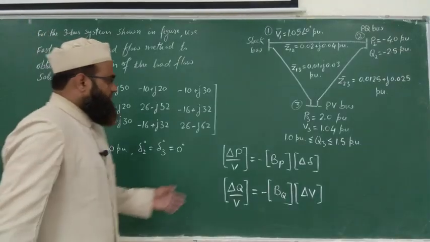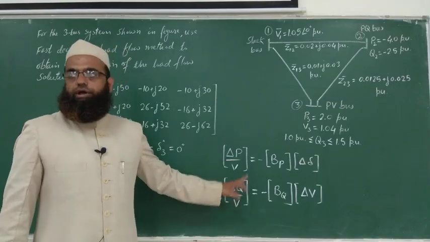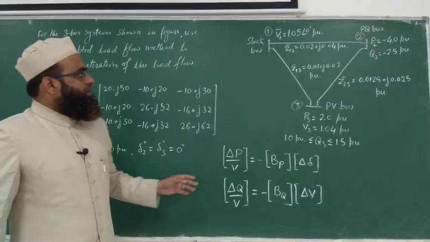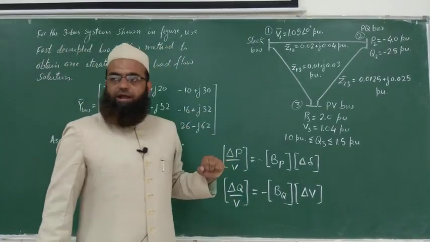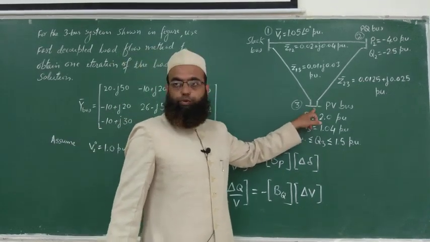So these are the specified parameters P and Q in our system. For this 3-bus system, we have P2 as a specified parameter at bus number 2 and P3 at bus number 3.